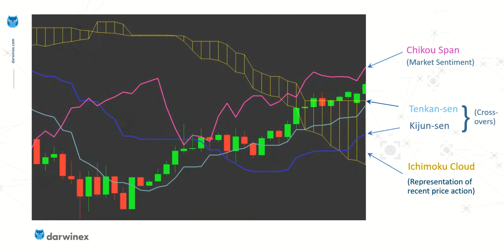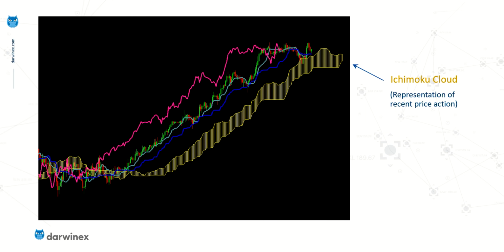And if I just zoom out in this chart for a moment, you can see that the Ichimoku cloud is actually drawn ahead of current price action. So let's think about the 3 main aspects that this indicator is informing us about. Firstly, it will give us an indication of the direction and the strength of a trend.